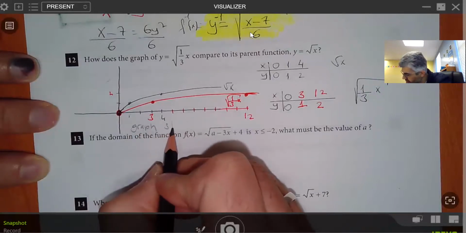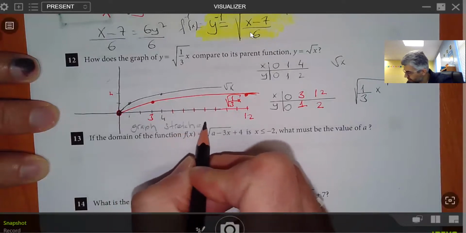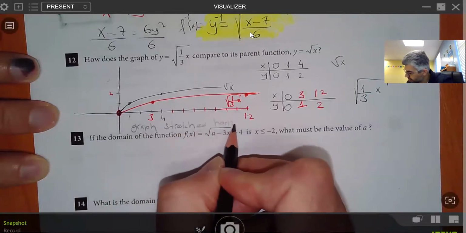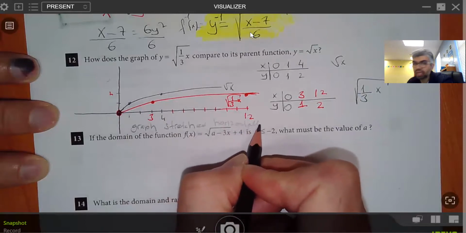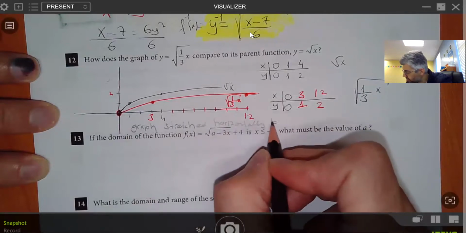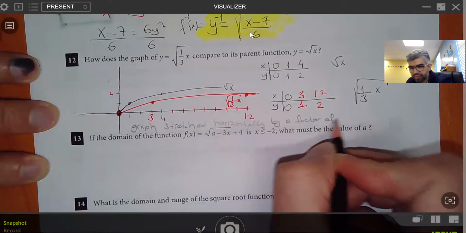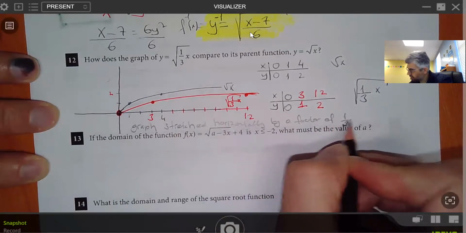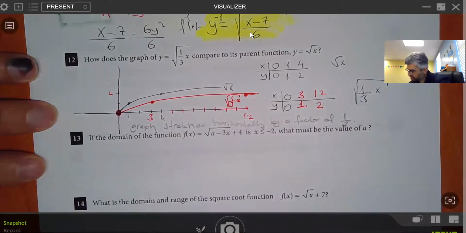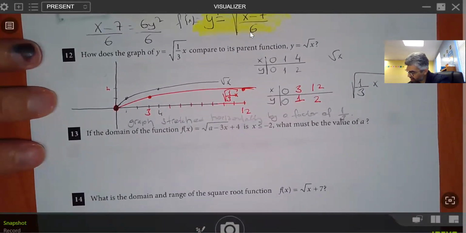Graph stretched horizontally by a factor of 1/3 times, okay. And yeah, that's it.